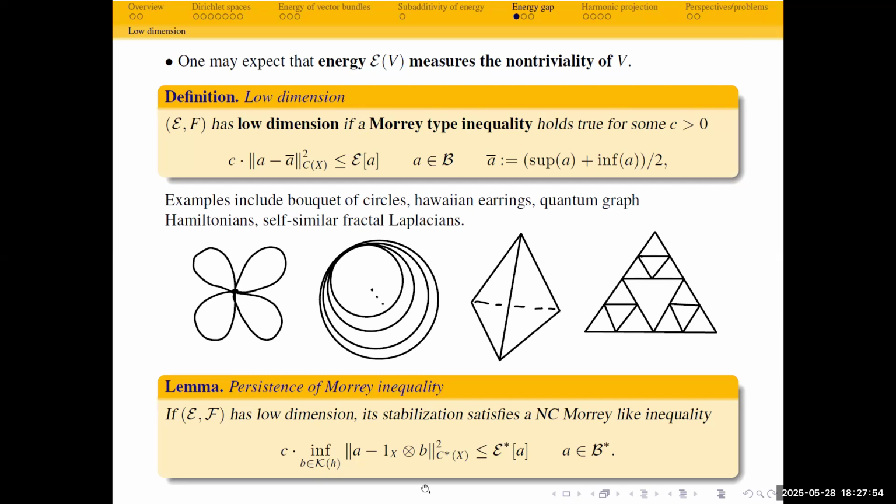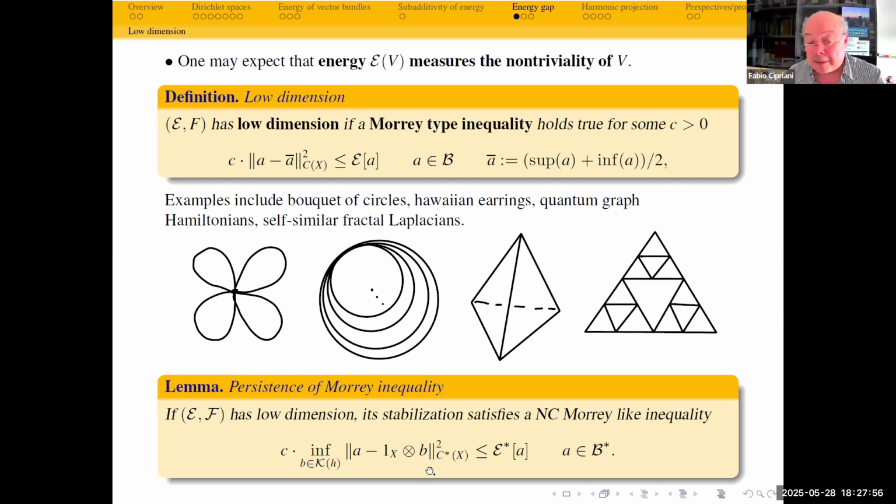Constant operator. But in the stabilized case, since the elementary system algebra has not an identity, the right way to write it is in this way. I don't know if the infimum is achieved.